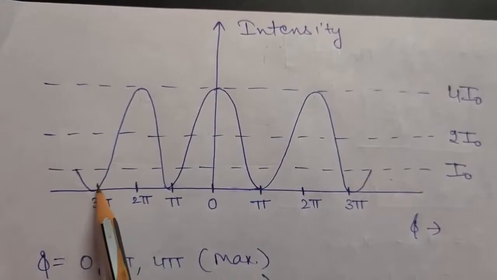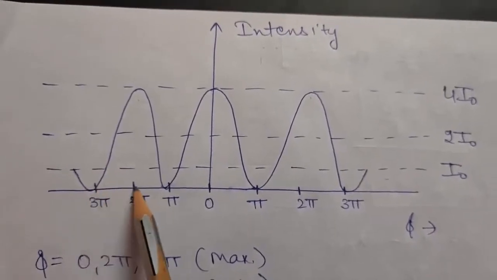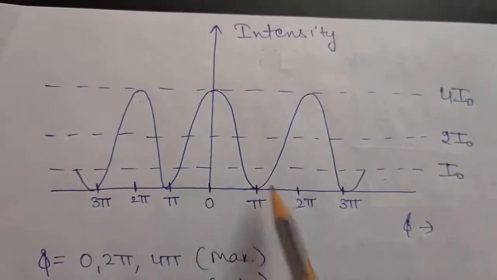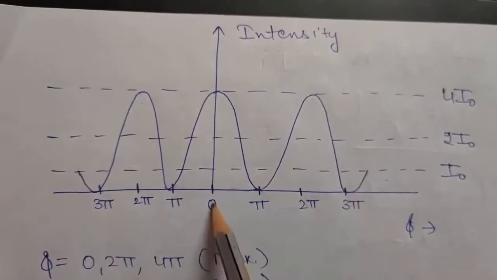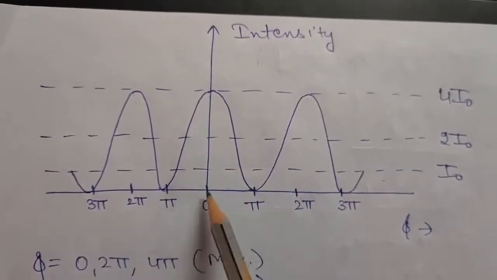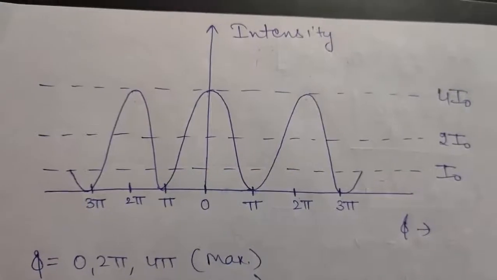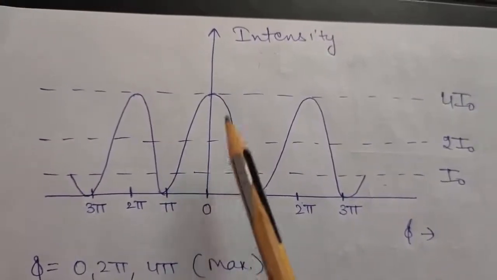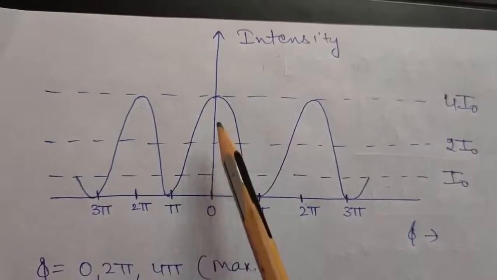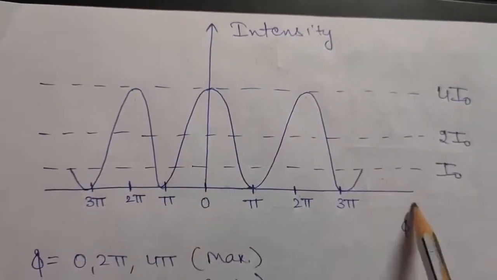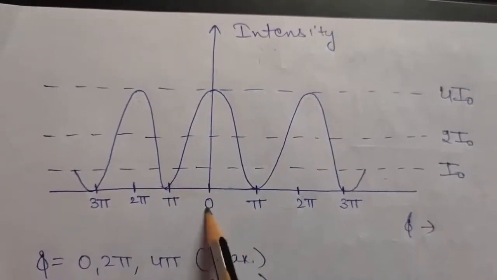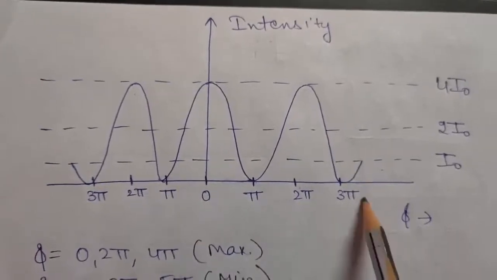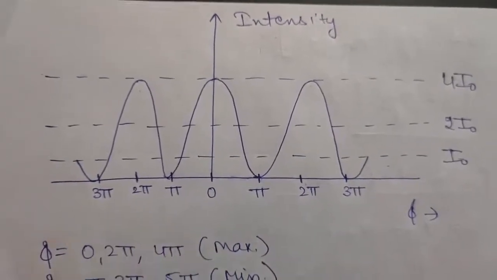For example, here you have a dark fringe, then bright, dark, bright, dark, bright, dark, and O is your central maxima. Okay, so this will be the graph between intensity and phase difference. On the y-axis we have denoted intensity. On the x-axis you have phase difference. So this is 0, pi, 2 pi, 3 pi, and this is again pi, 2 pi, 3 pi.